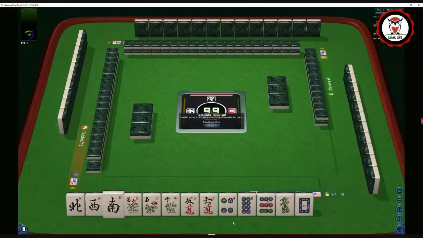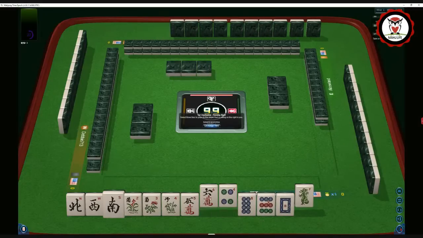So I think I would, with 4 flowers, I guess I should say. Let's let the dragon go, the 4, and then maybe the 9. No, actually, we do have 8, 9 dragon. Let's let the 6 go.